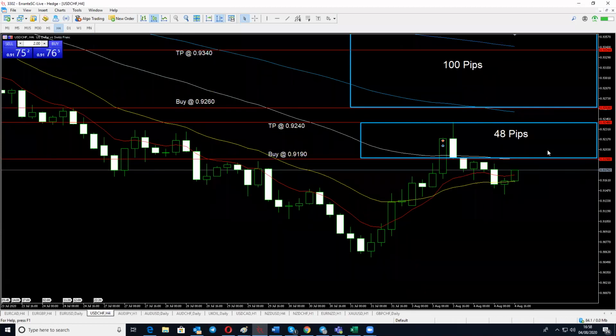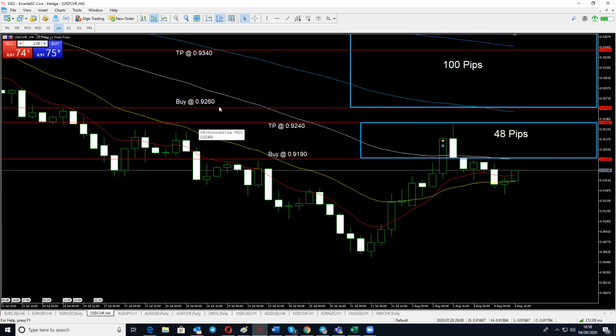If the USD is really strong, then once it enters this blue box area, you can buy again at 91.90. So that would be your second time to profit another 48 pips if you have already profited 48 pips from this move, and then you can take profit at 92.40. Your second round of at least about 100 pips for USD CHF happens only if USD CHF persists in becoming stronger, and only after it enters this area of 92.60 as your ideal price.